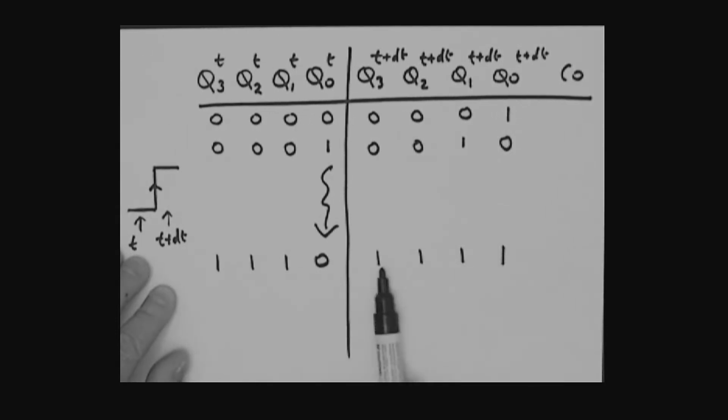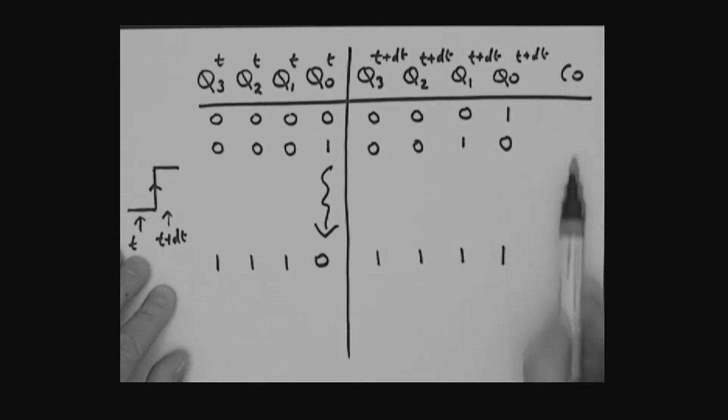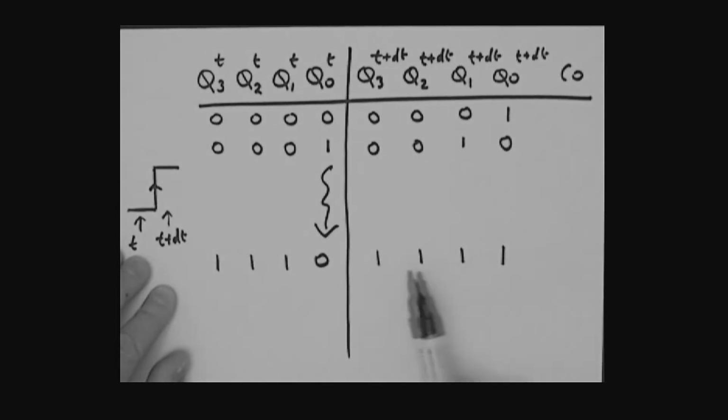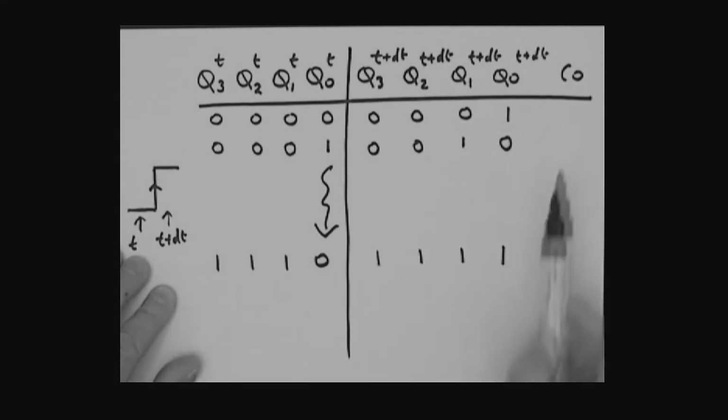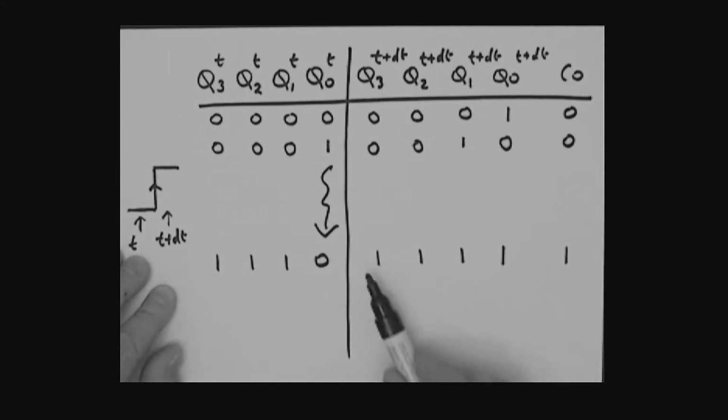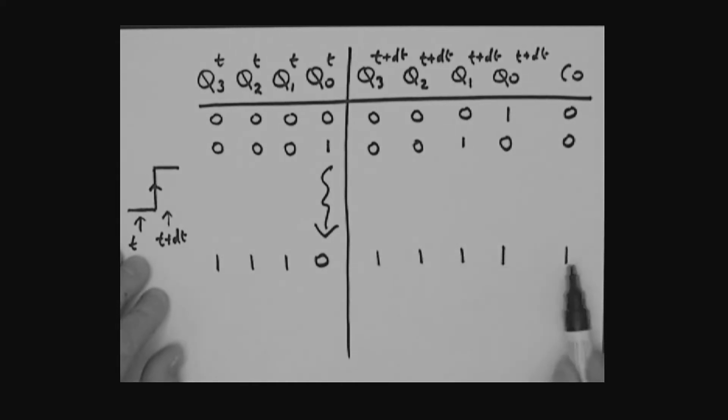So that's the 1, 1, 1, 1 condition sitting in the counter. Now the carry out only becomes a 1 when the counter has 1, 1, 1, 1 for its Q outputs. So this is when that carry out becomes a 1. Otherwise, the carry out would in fact be a 0.